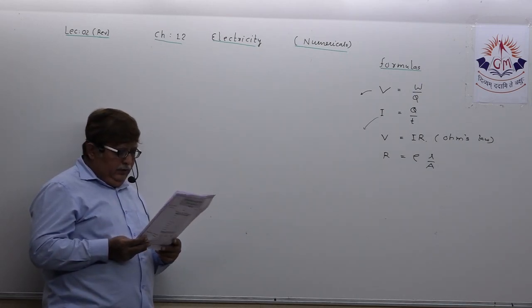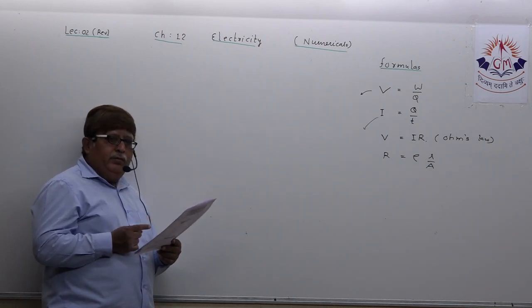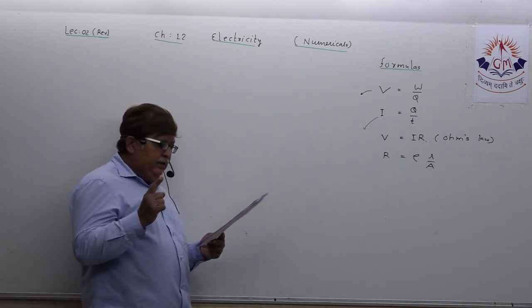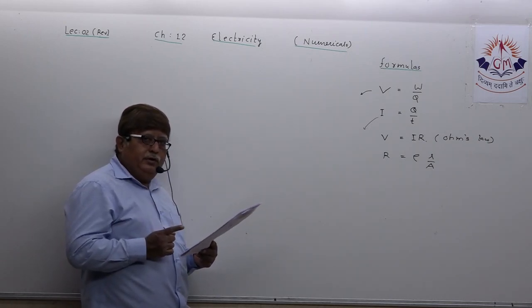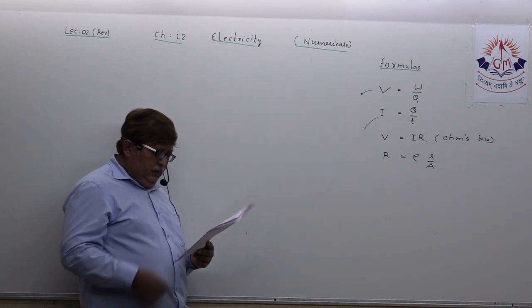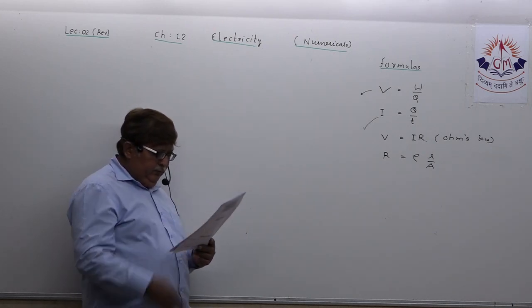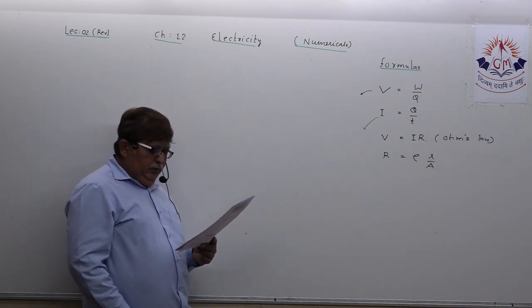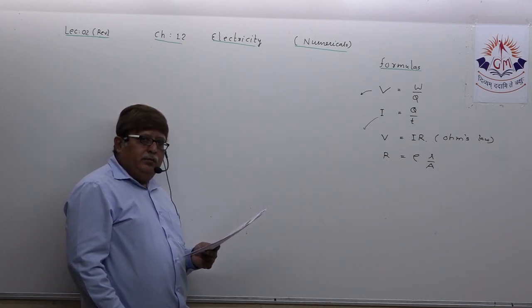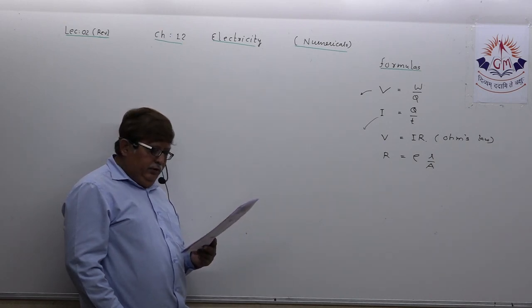See, in the ninth numerical, what have they given? 400 milliampere current is passing through the bulb for 1 minute, meaning the time has been given in minutes, which you will convert into seconds.